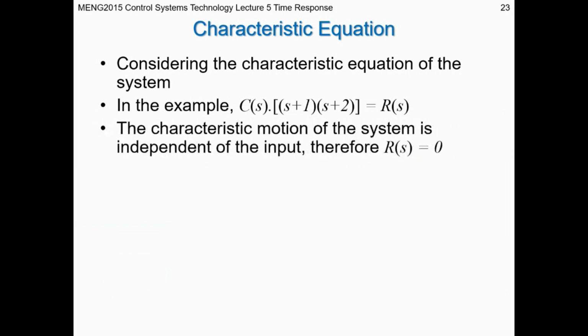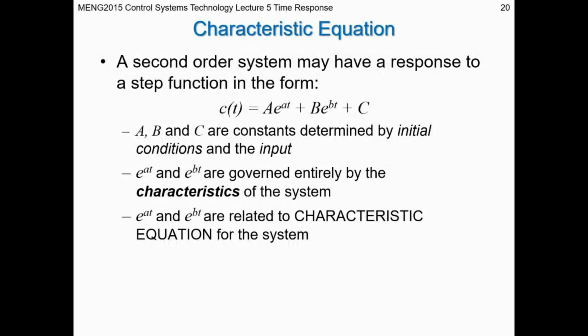If the characteristic of the motion of the system is independent of the input, which is what we said. Remember, if I go back a couple of slides, we said here that A, B, and C are constants and determined by initial conditions and input, right?